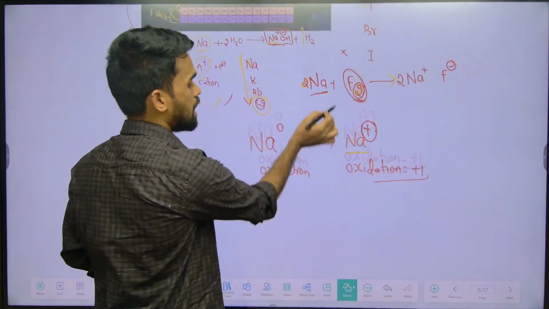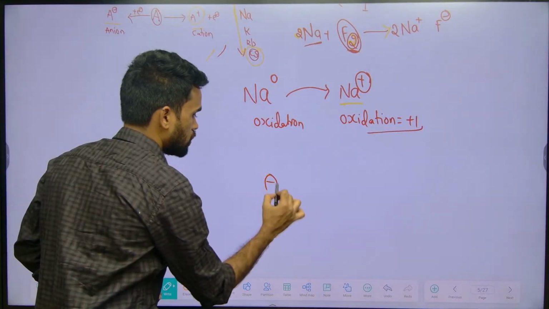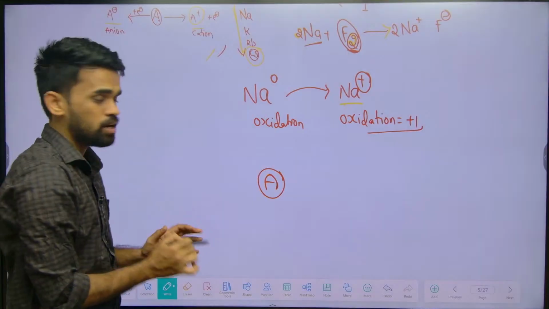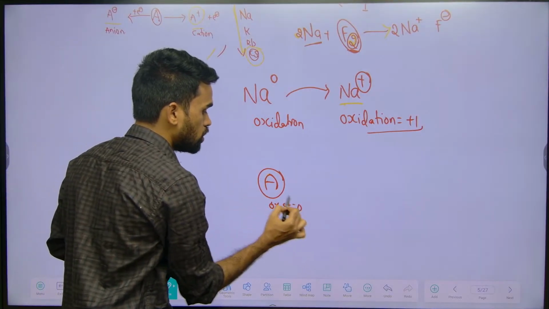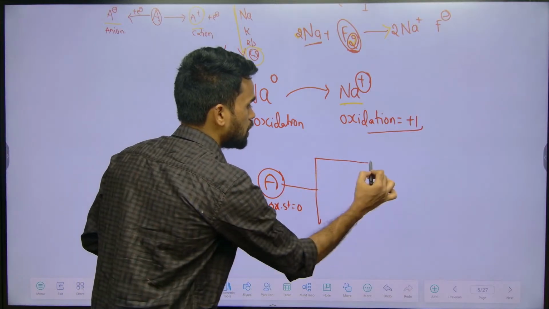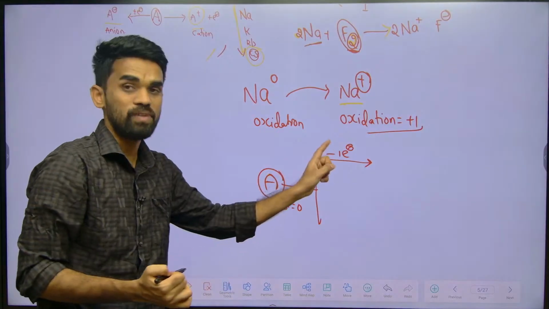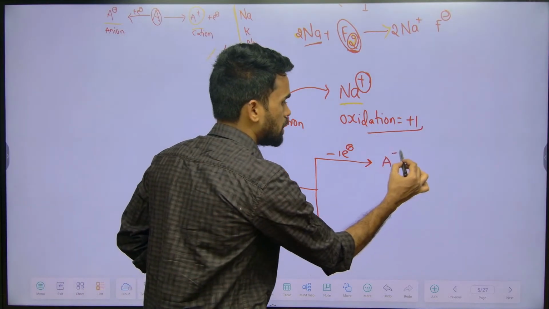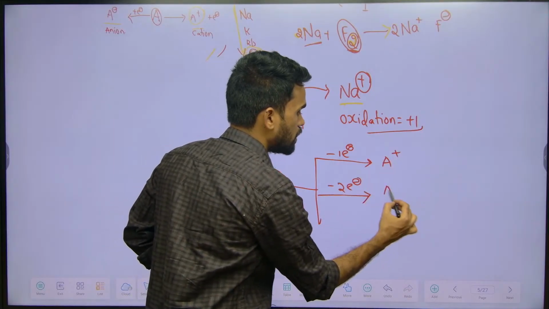Now let us generalize this by taking an element A as an example. So this A element is in atomic form, so there is no charge. So oxidation state here will be 0. Now if this A element is losing 1 electron, you should write it as A plus. If it is losing 2 electrons, you should write it as A2 plus.